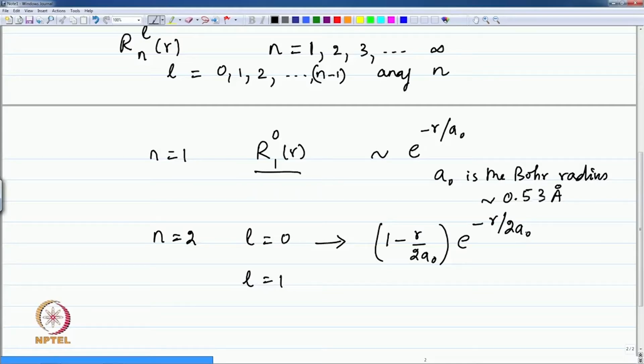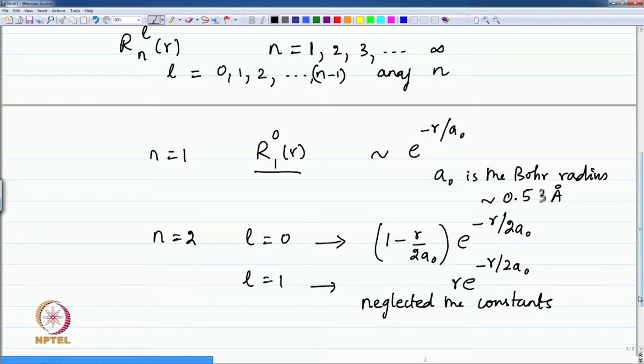For l equal to 1, the radial function happens to be r times e to the minus r by 2 a naught. I have neglected the normalization constants or the prefactors.